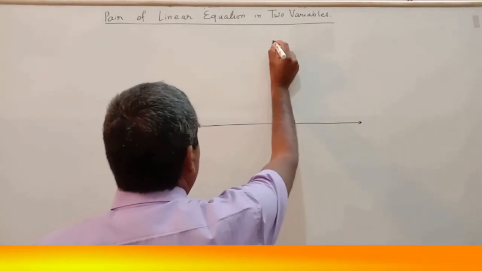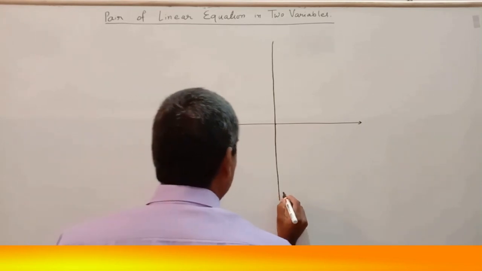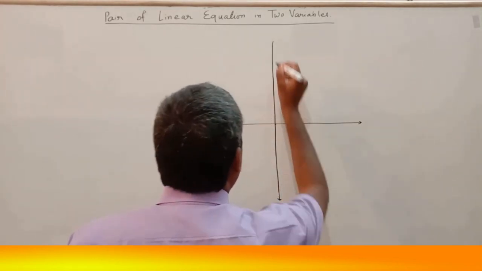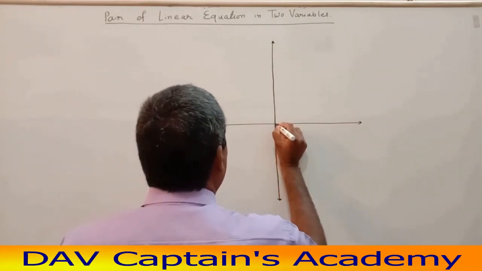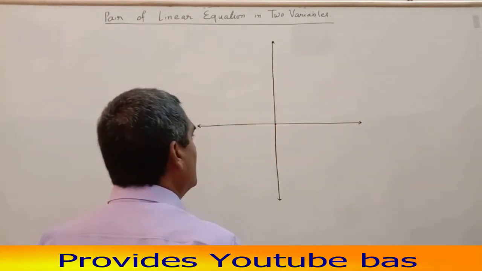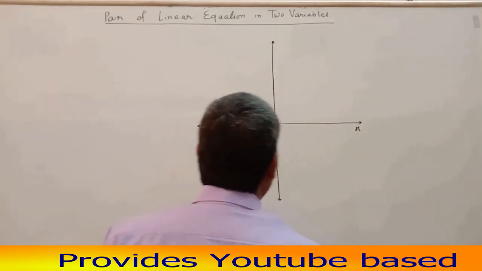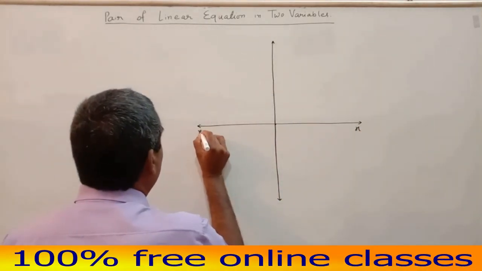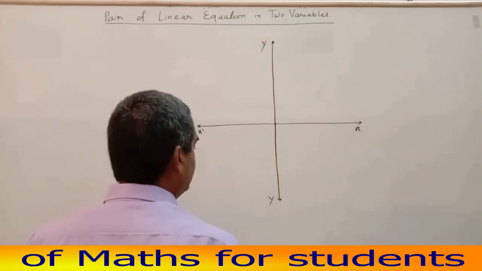If another line is drawn or intersects this line, then we get a coordinate. So this is the x-axis, x dash, this is the y-axis and y dash.